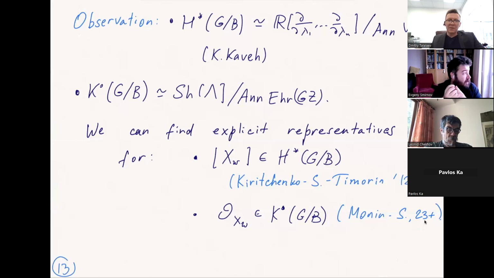And I don't know, maybe quantum K-theory is somewhere nearby. I don't know. This is really interesting. I hope you can say something about the quantum cohomology. Well, small quantum cohomology of flags is pretty much well understood.